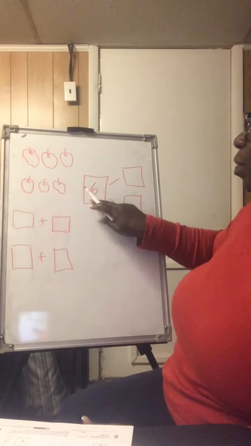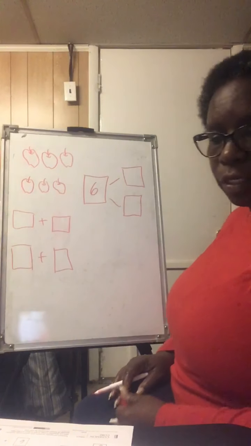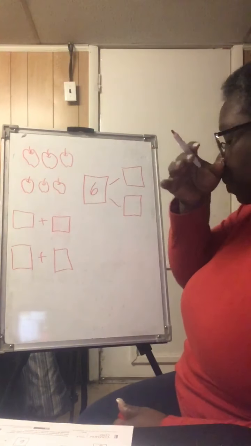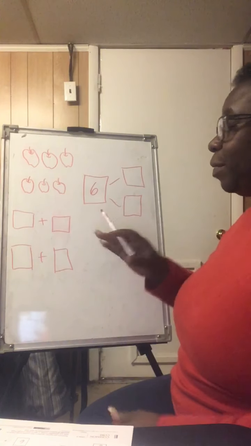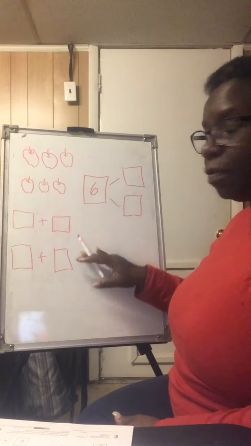So that's our whole big number. So what we're going to do, we're going to use the 6 apples and come up with different number sentences. But we're going to show you how to use the same numbers to write different sentences.